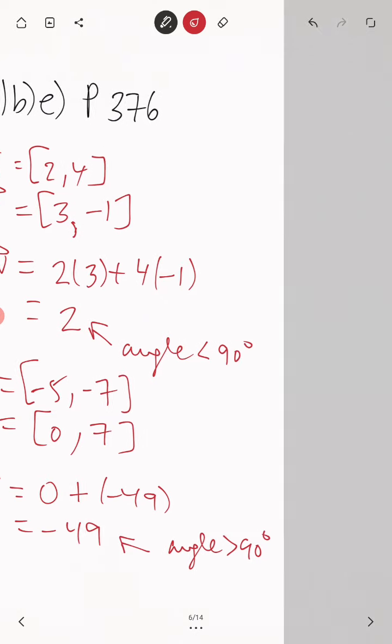And let's look at one more question here, 4e. We're given vector A is equal to 2i plus 3j. Remember that I like to write unit vectors with this little hat on top instead of a vector symbol, just to make it obvious that they're unit vectors and not regular vectors.